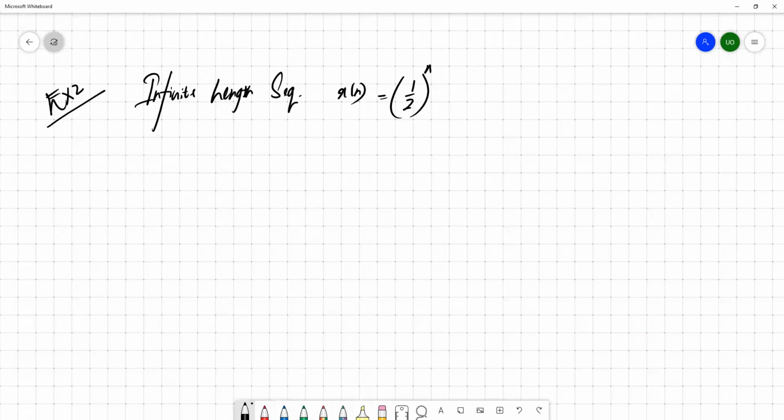This is a flavor of unit step. You are asked to evaluate the Fourier transform of this particular sequence.